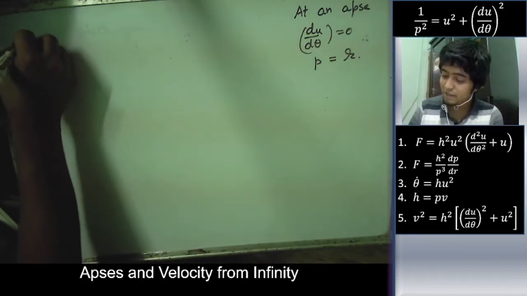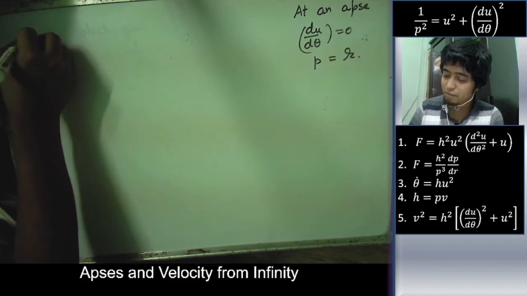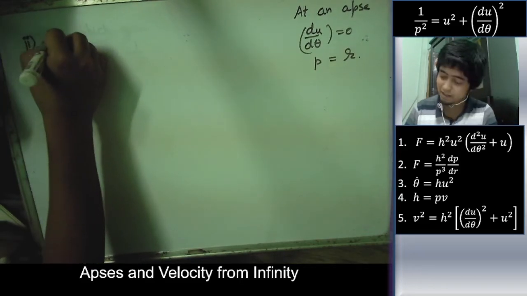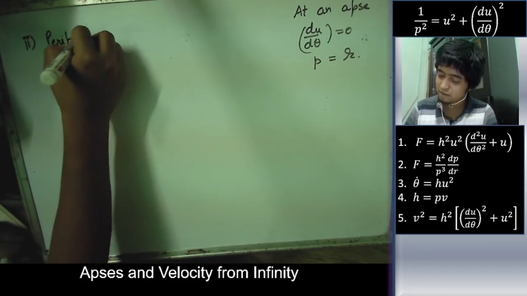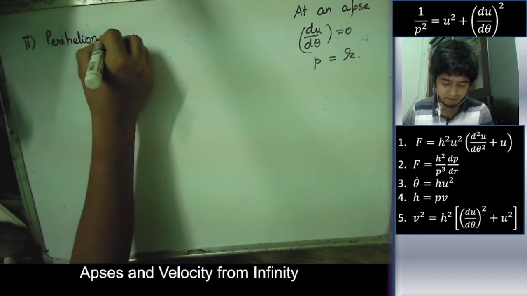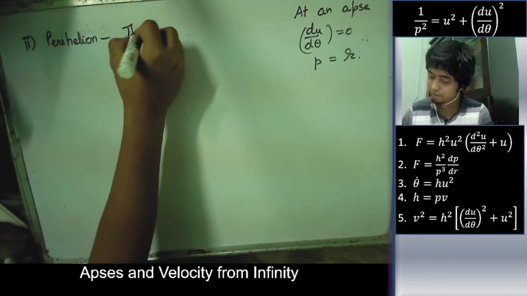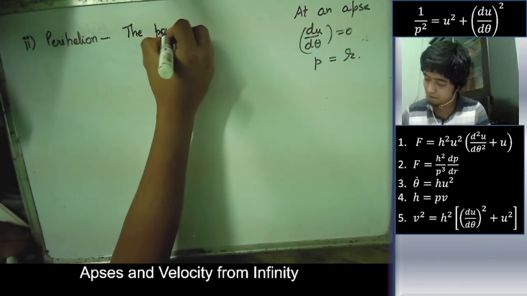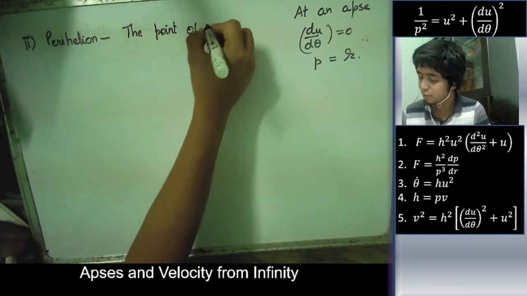And another thing that we need to define is, number 2, the perihelion, the point of nearest approach.